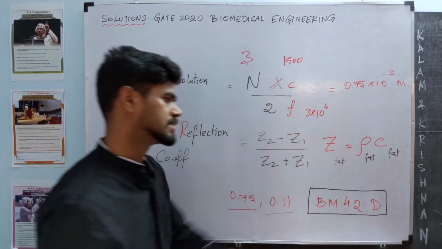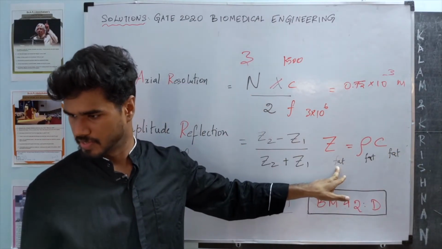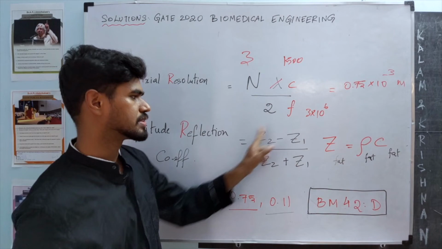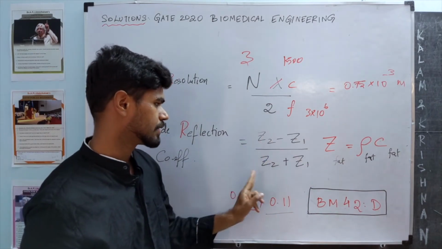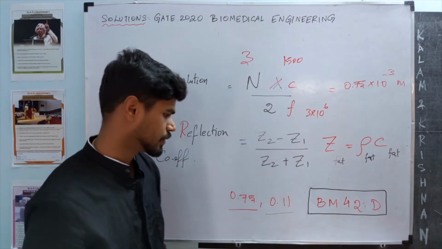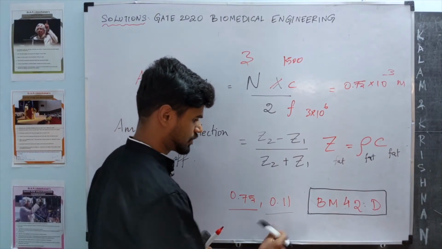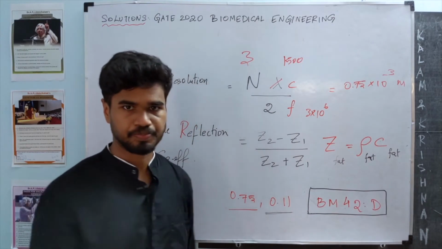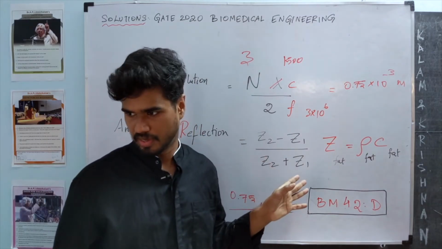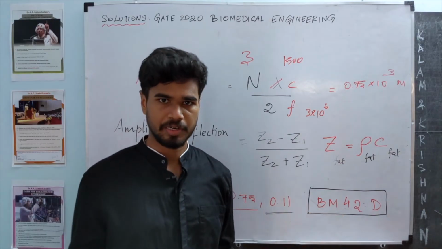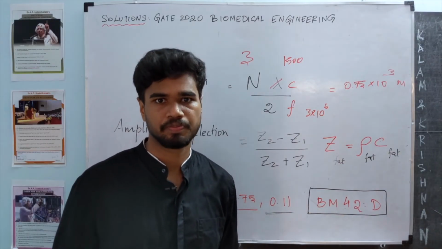So just find Z fat and then Z liver and find this ratio. So Z1 is say Z fat and Z2 is Z liver, and find this particular ratio. We'll get that to be 0.11. Again, the number of formulas in ultrasound is very, very limited, so it's a good idea to remember them.